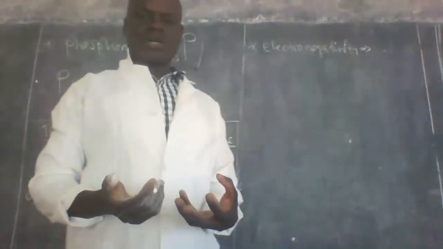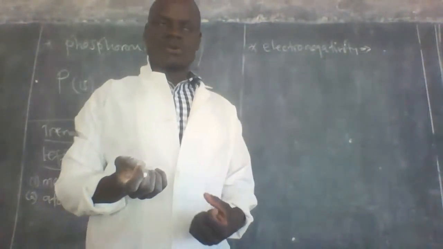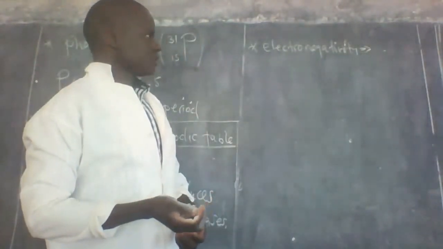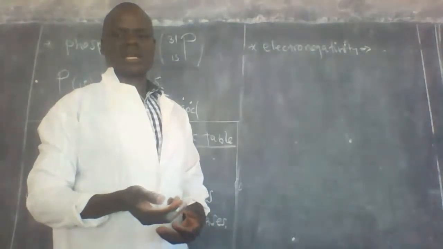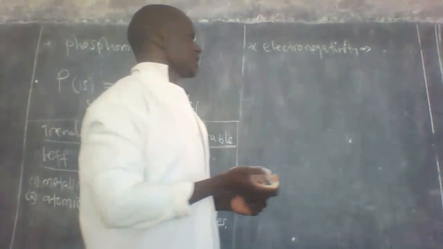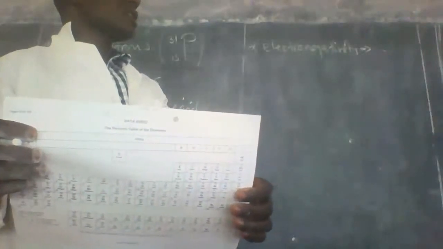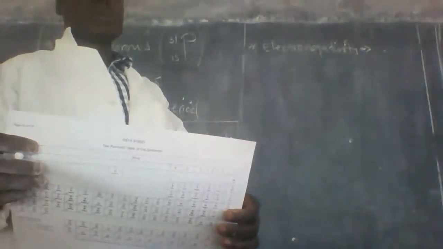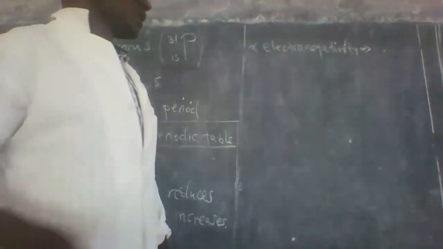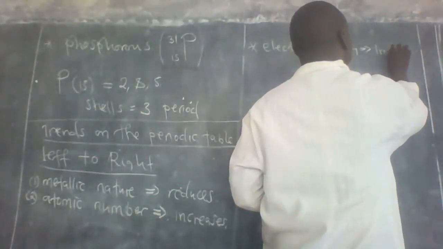This is the ability that elements have to attract electrons towards themselves. So now moving from the left of the periodic table, going to the right, we find that the electronegativity of these elements on the periodic table increases.